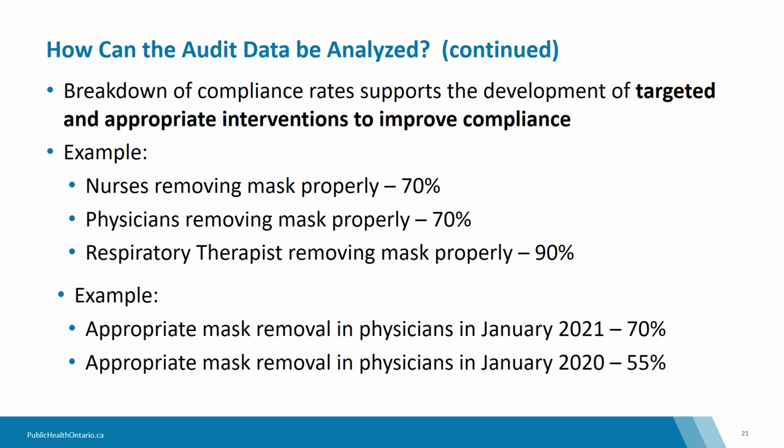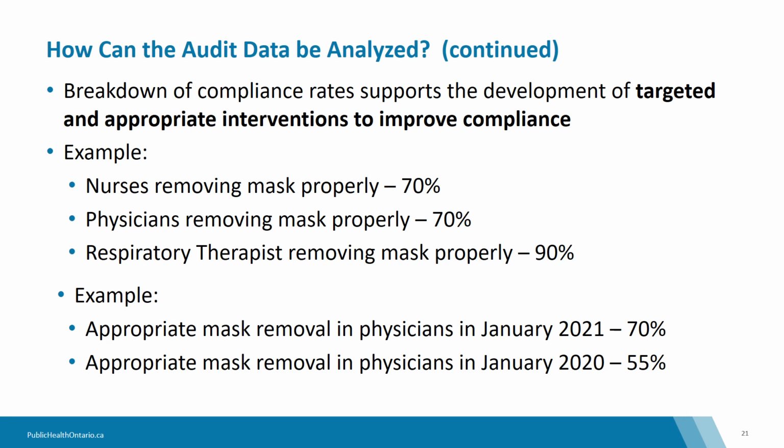Both nurses and physicians have compliance rates of 70%, but respiratory therapists have a compliance rate of 90%. You can consider why the RTs seem to be more compliant in using proper technique for mask removal. Have they received different education and training? Is there anything you can learn that can be used to improve the compliance rate of the nurses and physicians?